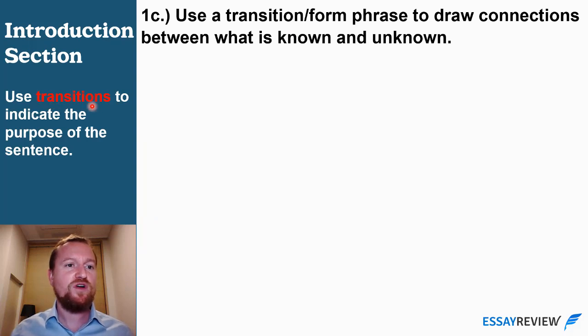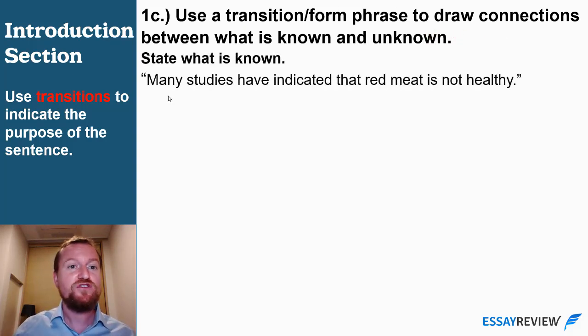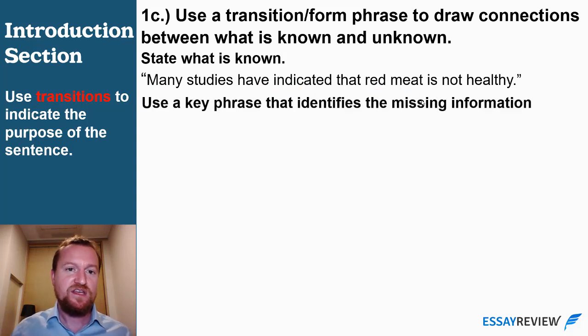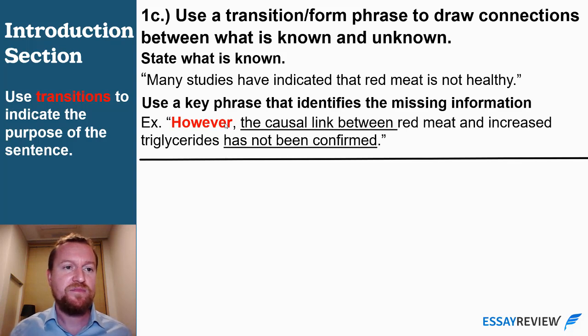Okay, we'll discuss more about transitions, but just to introduce these, transitions can draw connections between what is known and what is unknown. So first, what you can do in the literature review is state what is known. So many studies have indicated that red meat is not healthy. Then you can use a key phrase that identifies this missing information and use a transition to connect them.